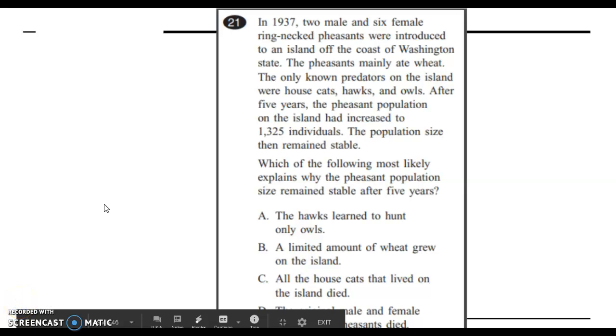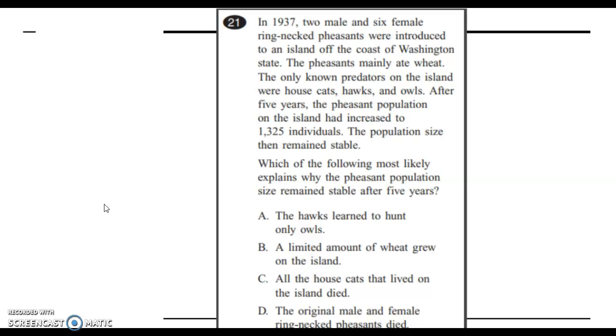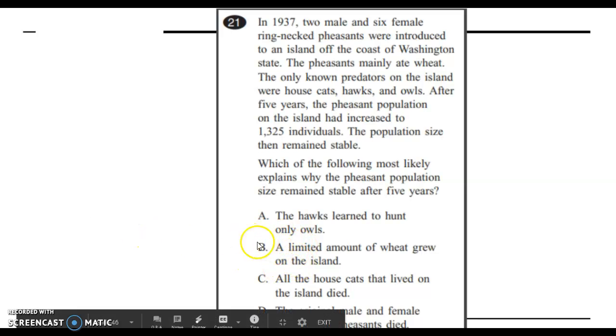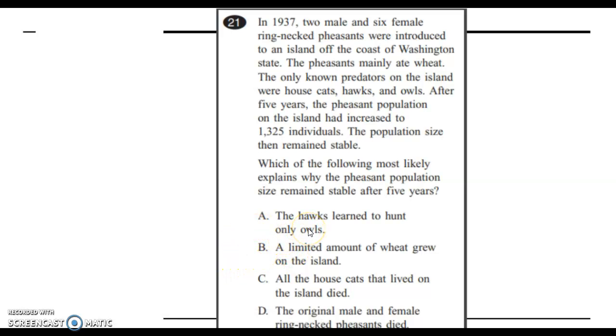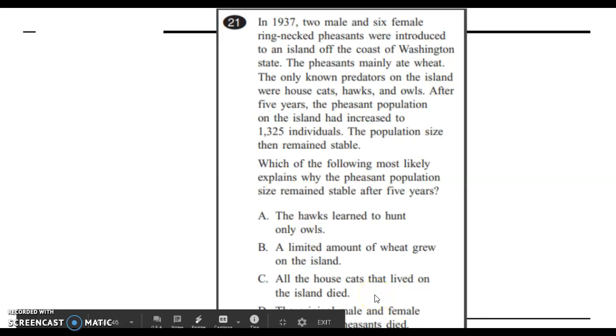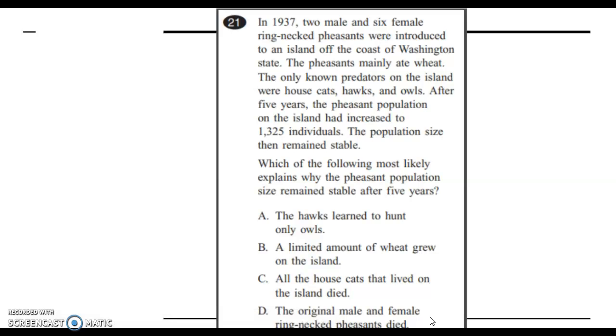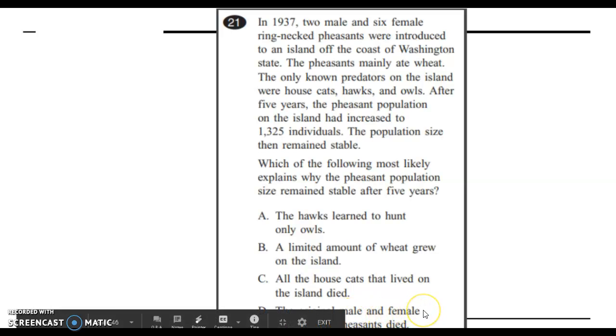If you look at these 4 options, the best option is B. It's very unlikely that hawks learn to hunt owls, especially when there's plenty of pheasants for them to eat. It's also unlikely that all of the house cats died. And if the original male and female pheasants died, that doesn't necessarily affect all the other pheasants in the area. So we are left with B.